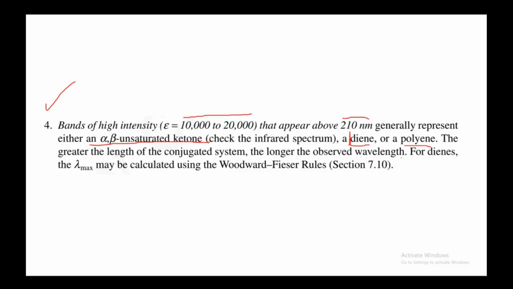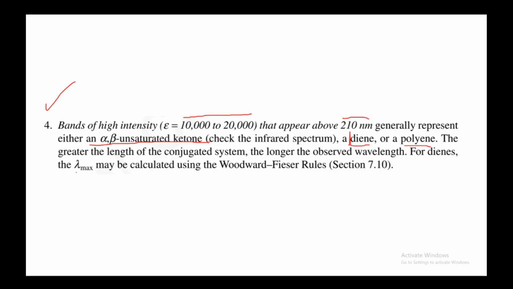If you are not familiar with the effect of conjugation on the ultraviolet spectrum, then please go to my YouTube channel and watch the video about the effect of conjugation on the ultraviolet spectrum.